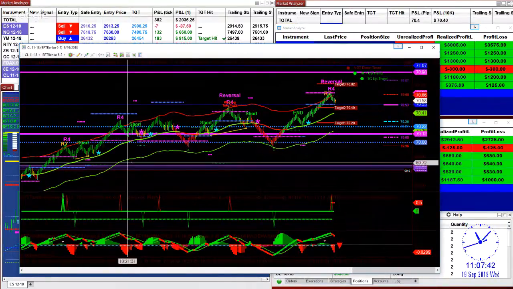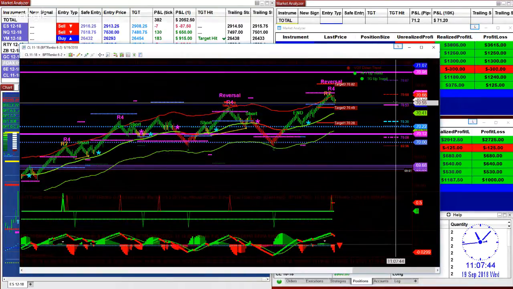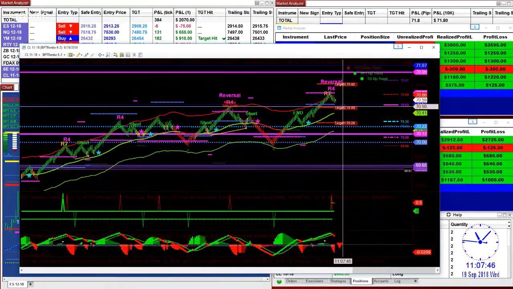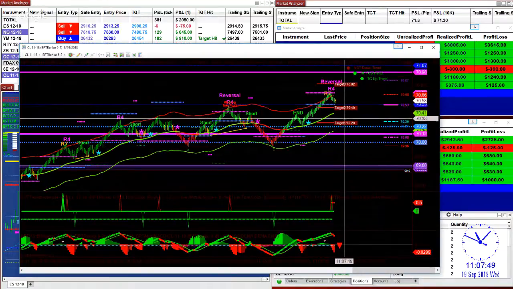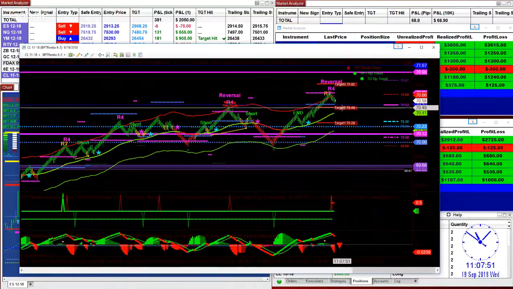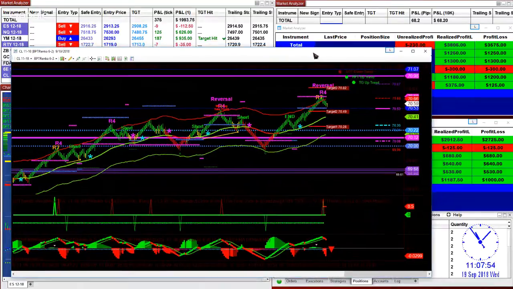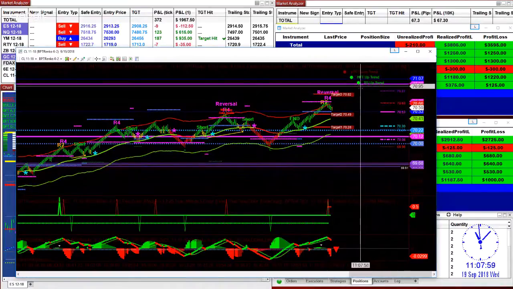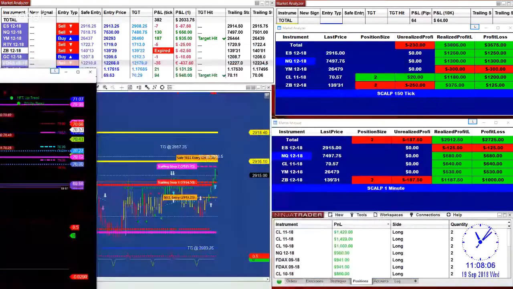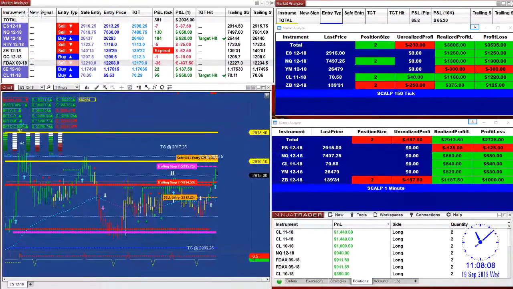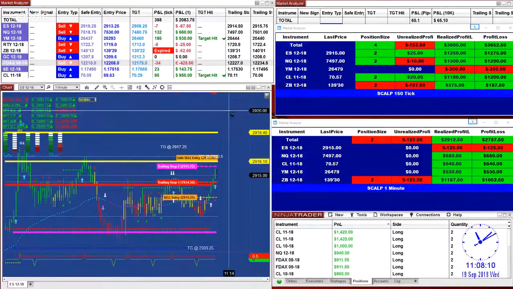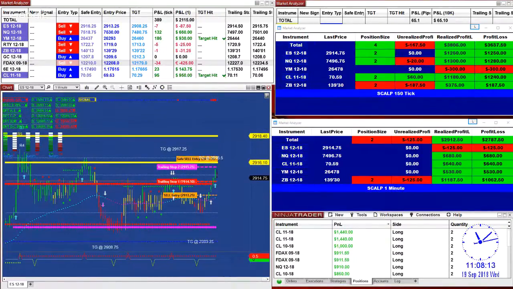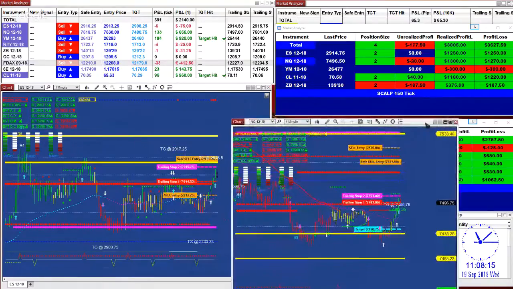If you've been following us every day, we said between 11 and 12 we get target one and target two, and we already did target one and target two. But I cannot call this one a reversal. If you want to take a reversal, it has to be somewhere around 70.95. If you want to take that reversal, it is on a sim only, and it will be a very good entry for a reversal.